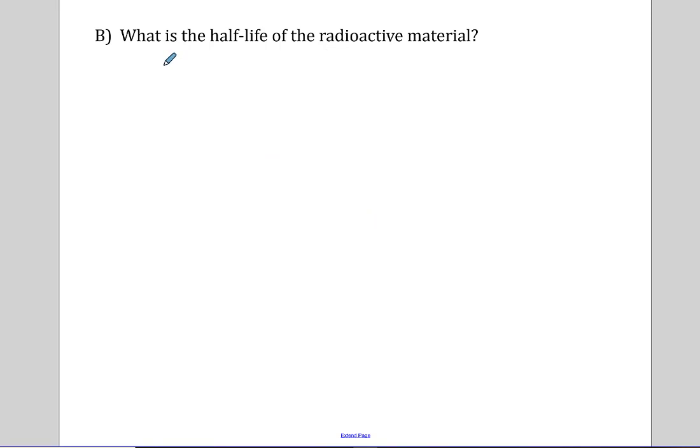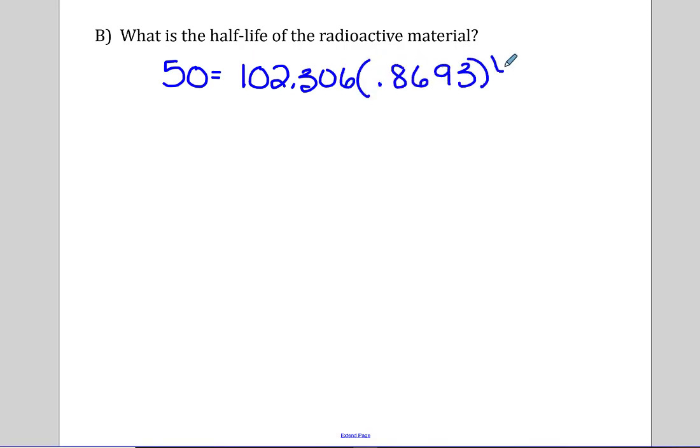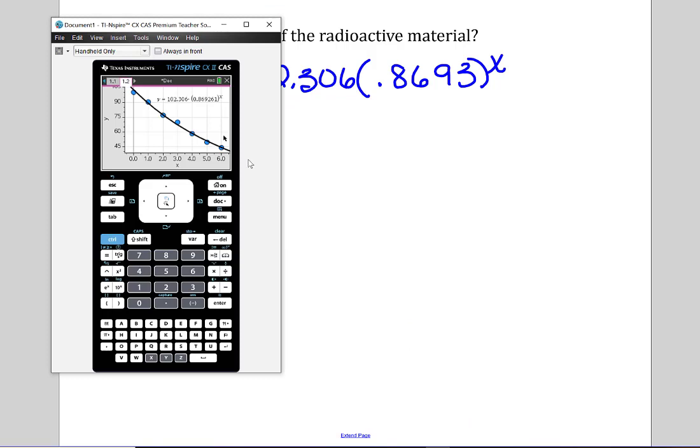So half-life, we would start off with 100 and end up with 50. So 102.306, 0.8693 to the x. This is my initial, so that makes me wonder about my numbers. Make sure I got those in there correctly.